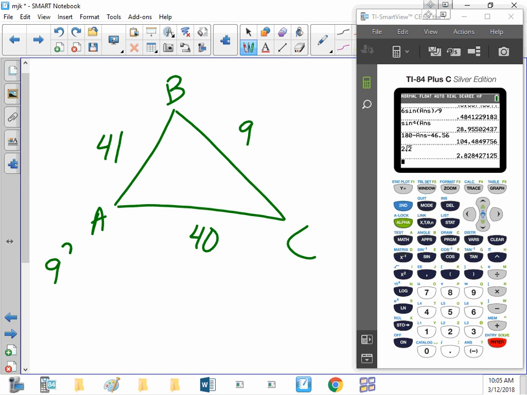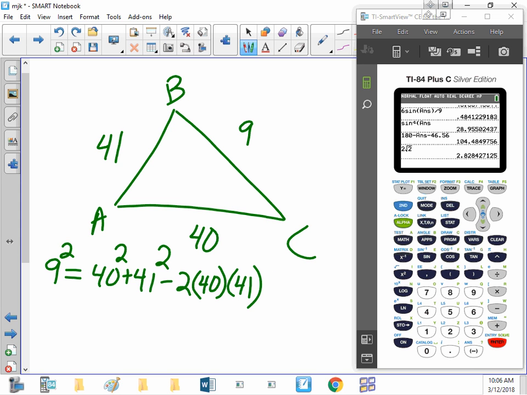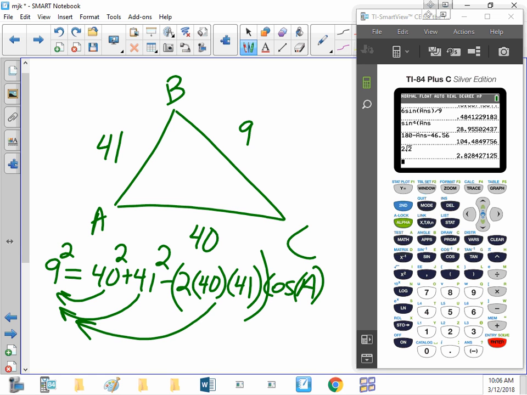So let's do this A squared formula. So 9 squared equals 40 squared plus 41 squared minus 2 times 40 times 41 times the cosine of A. So I'm going to subtract 40 squared, I'm going to subtract 41 squared, and then I'm going to divide by whatever that is.